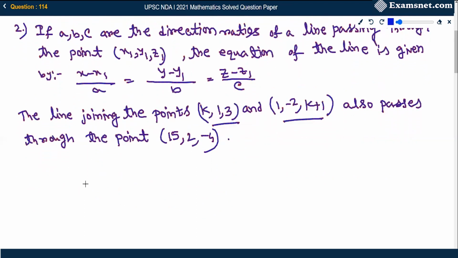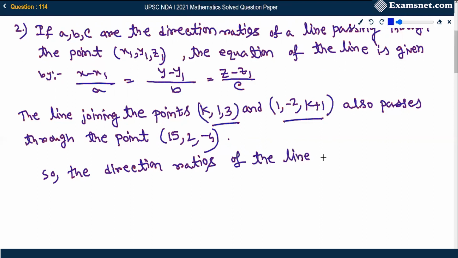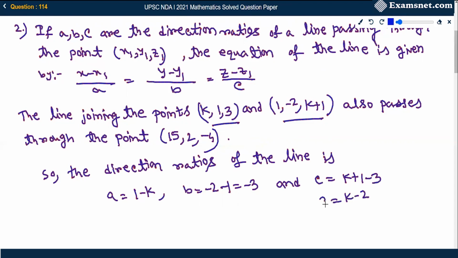So here the direction ratios of the line are A equals 1 minus k, B equals minus 2 minus 1, that is minus 3, and C equals k plus 1 minus 3, that is k minus 2.